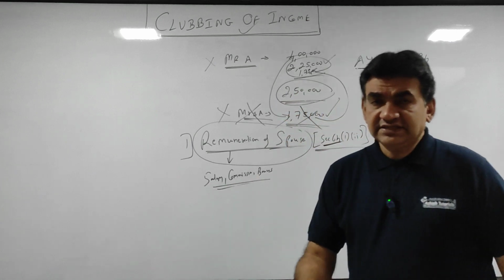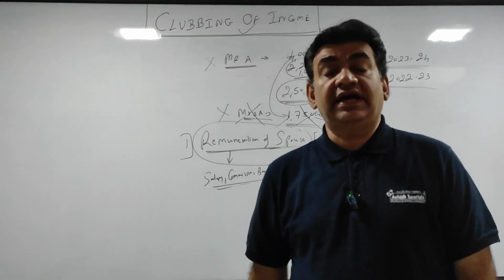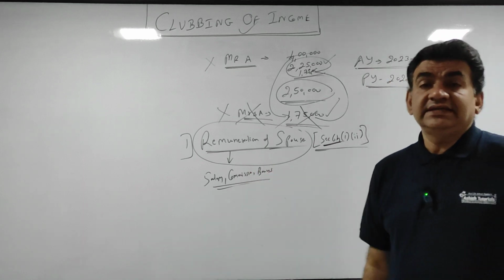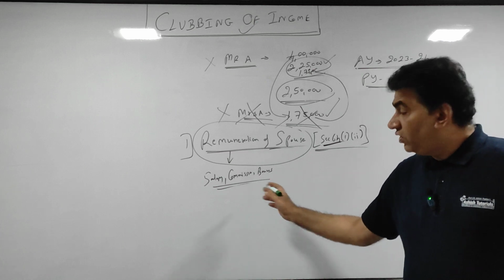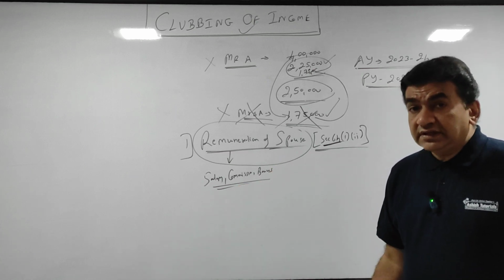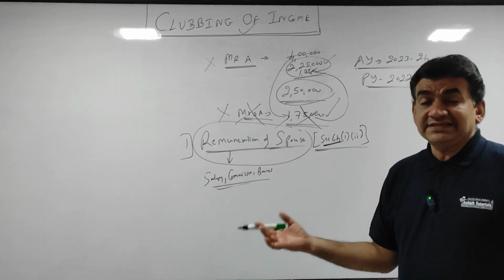You have all done this in Sem 5, income from salary, the first taxable head of direct tax. There we had done the definition of salary. Salary means salary, commission, bonus or similar other income related to this. Now the question is, what do we have to do with remuneration of spouse, sir?